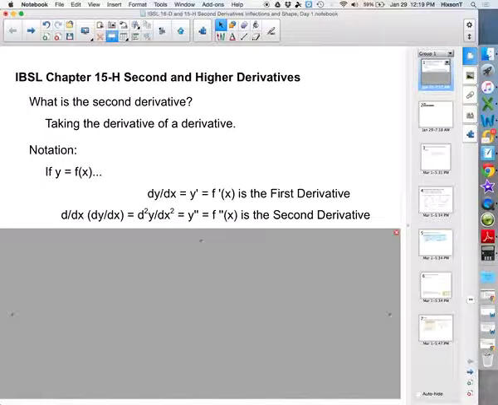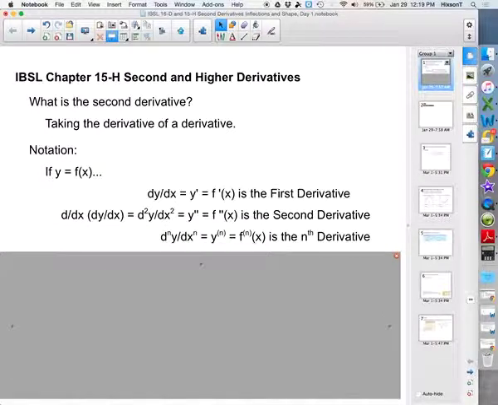Now the cool thing is, we could actually keep going. We could take a third derivative, or a fourth derivative, or a fifth derivative. We could keep going as long as we wanted. With most functions, we'll end up getting down to a constant eventually, and then the derivative is 0. And if we just keep going, the derivative of 0 is 0, so it'll be 0 forever.